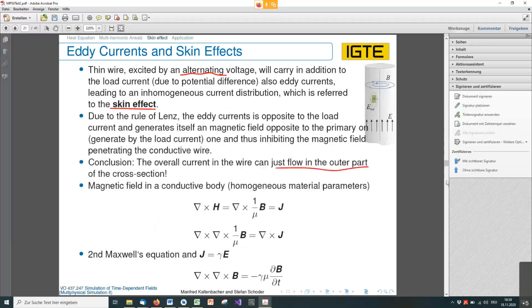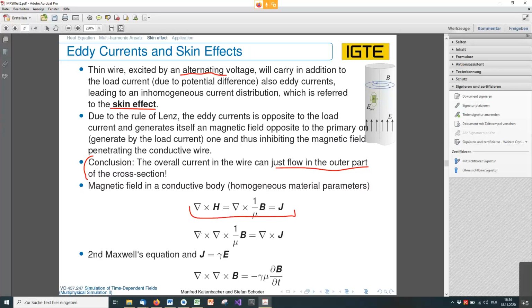And we will start again with the skin effect. So the conclusion is that the overall alternating current in a wire can just flow in the outer part of the cross section. Just keep that in mind. And deriving the distribution of the eddy current, we start with the equation here.